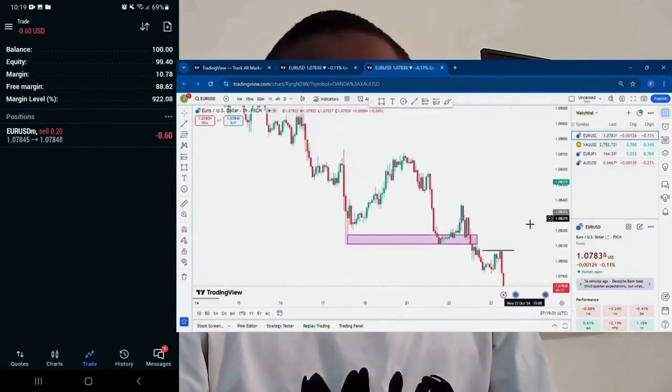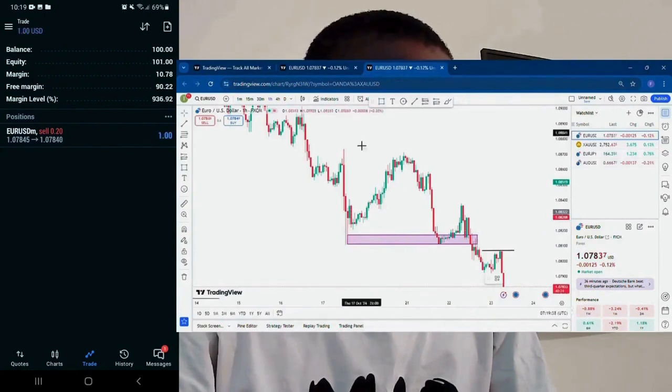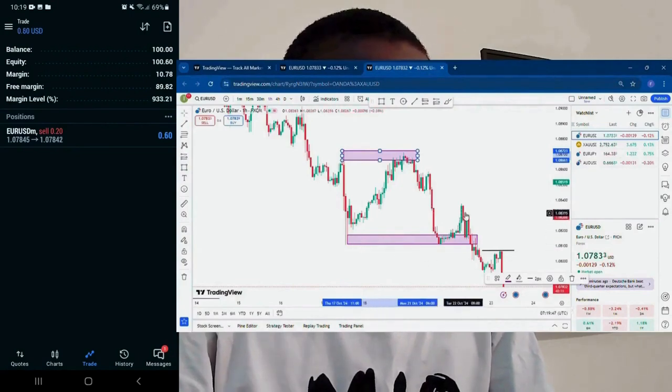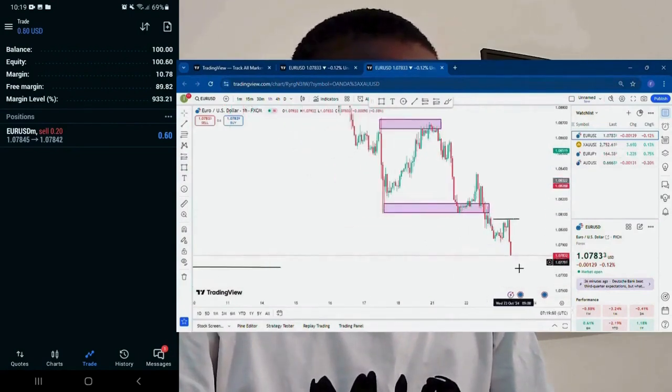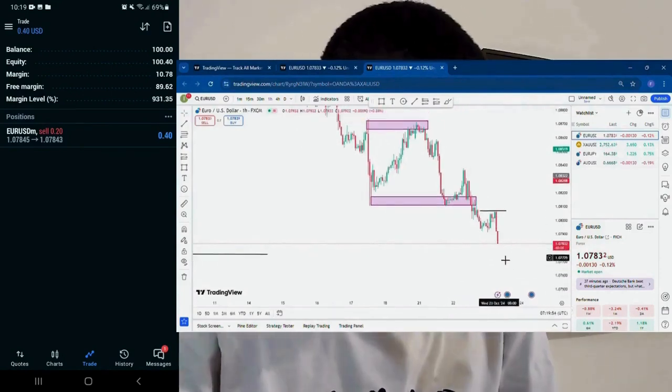When price came to this point from this support zone, price went up to this supply zone, where sellers entered and pushed the price down again. Price came to this support, just like that, and price broke. Right now you can see price from a retracement, so we look forward to a massive sell on this trade.